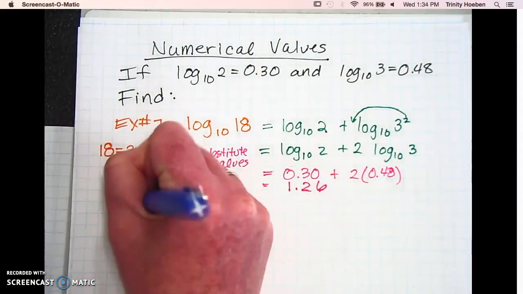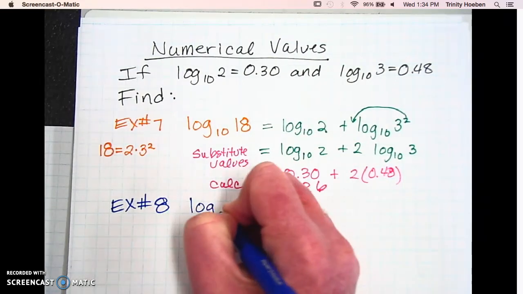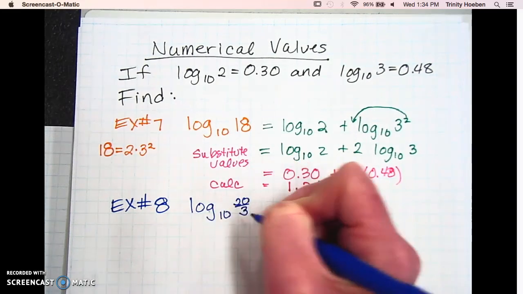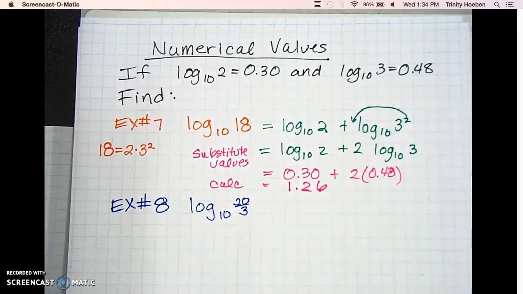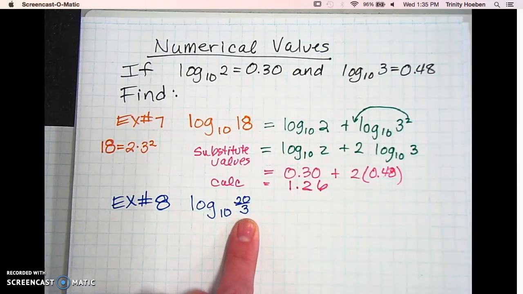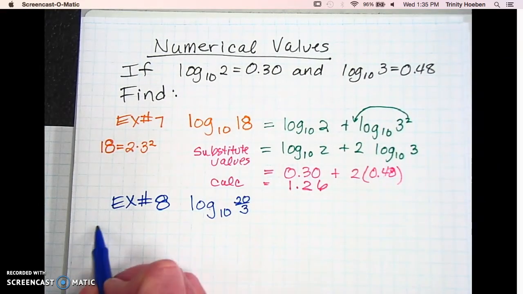Example number 8. We're going to try log base 10 of 20 over 3. The 3 we have up here, right? So that's good. But how about the 20?